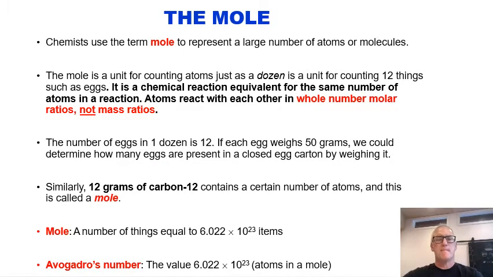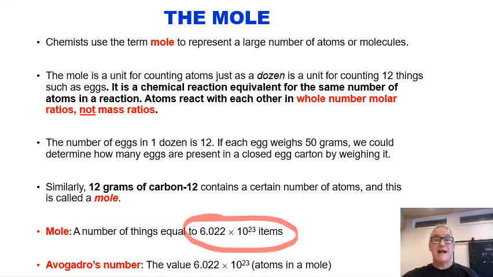So we use the term mole to represent a lot of atoms or molecules. I've told you that I'm not a big believer in memorizing Avogadro's number, because we don't measure the number of atoms. Generally, we don't really care what the number of atoms is because we can't count them. What we really need to know and care about is measuring the mass of atoms, the mass of a reactant or a product.